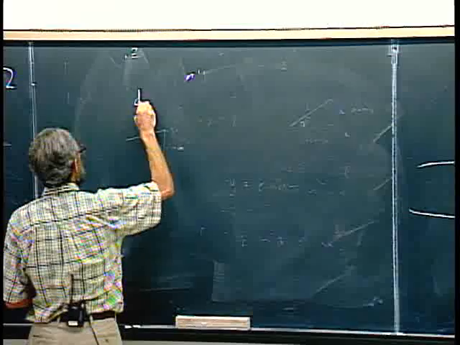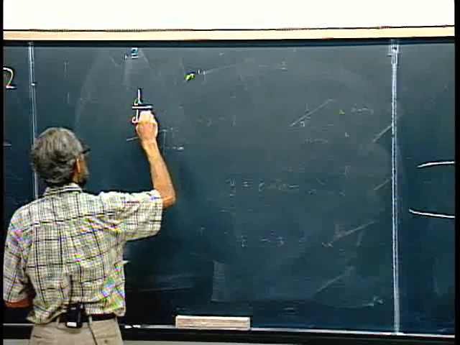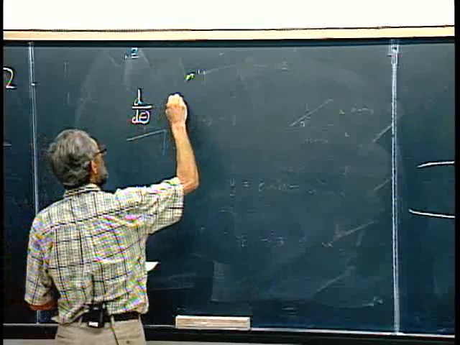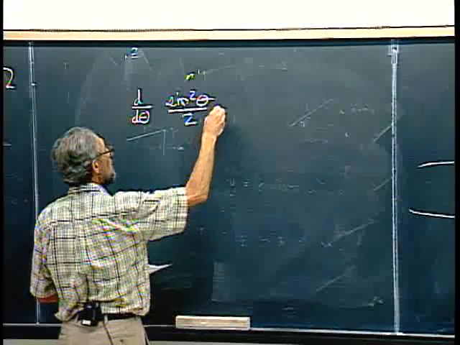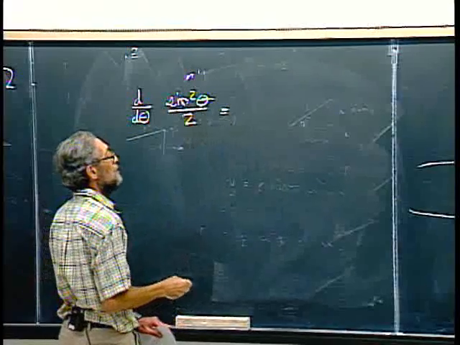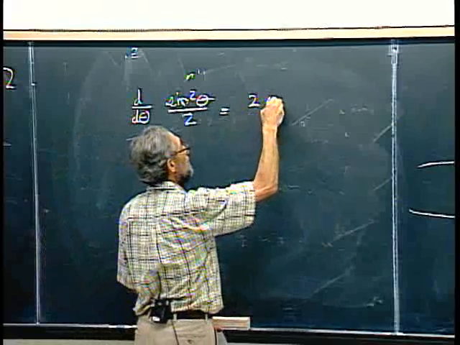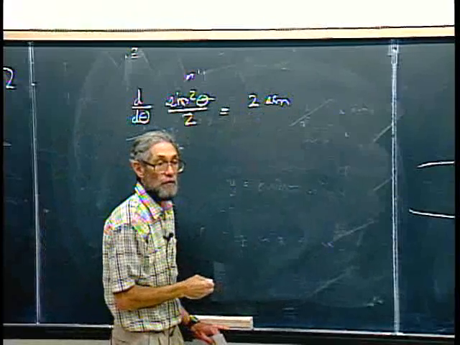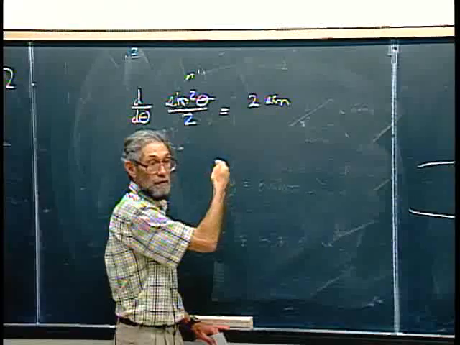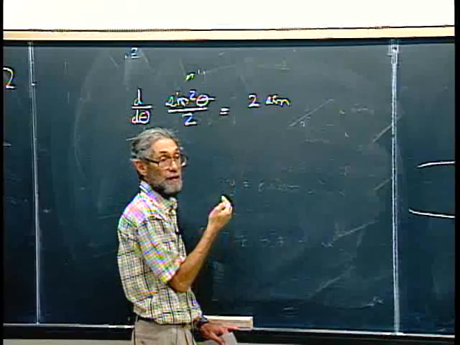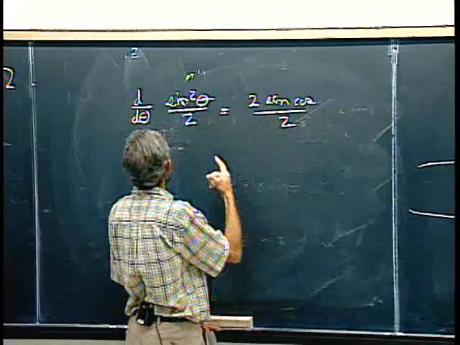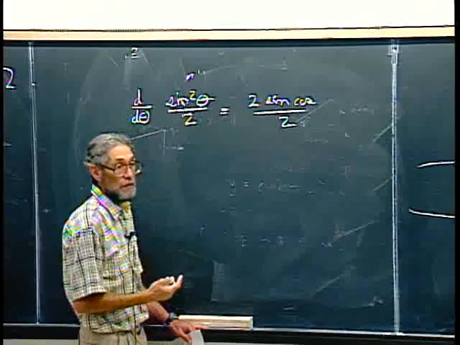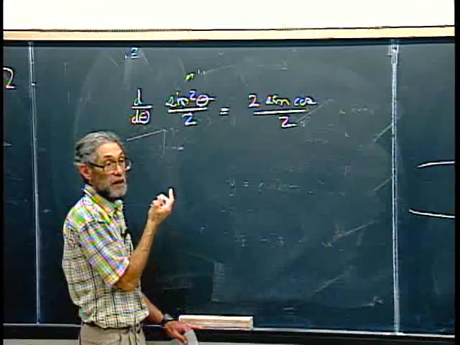So what I want to say is that d d theta of sine squared theta over 2: the derivative of sine squared is twice the sine times the derivative of the sine, by the chain rule. What's the derivative of the sine? Cosine. So I found something whose derivative is the thing I'm trying to integrate.